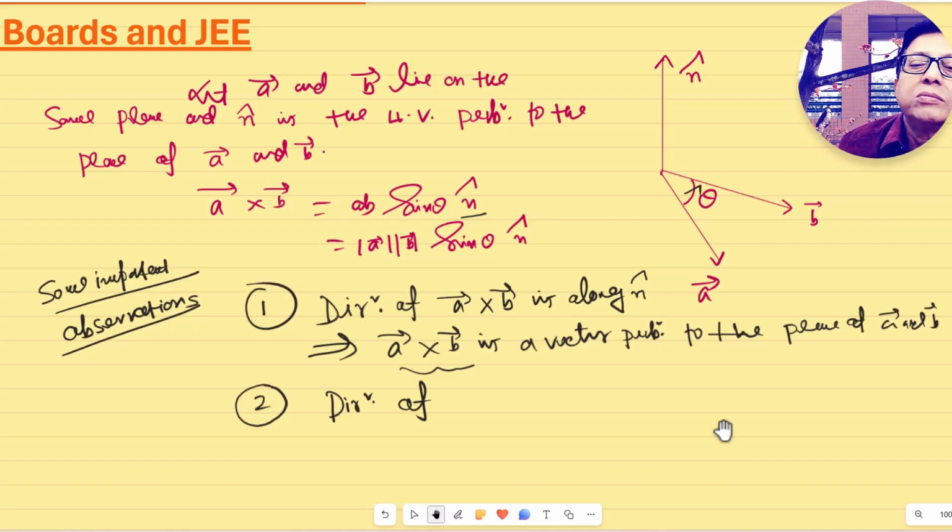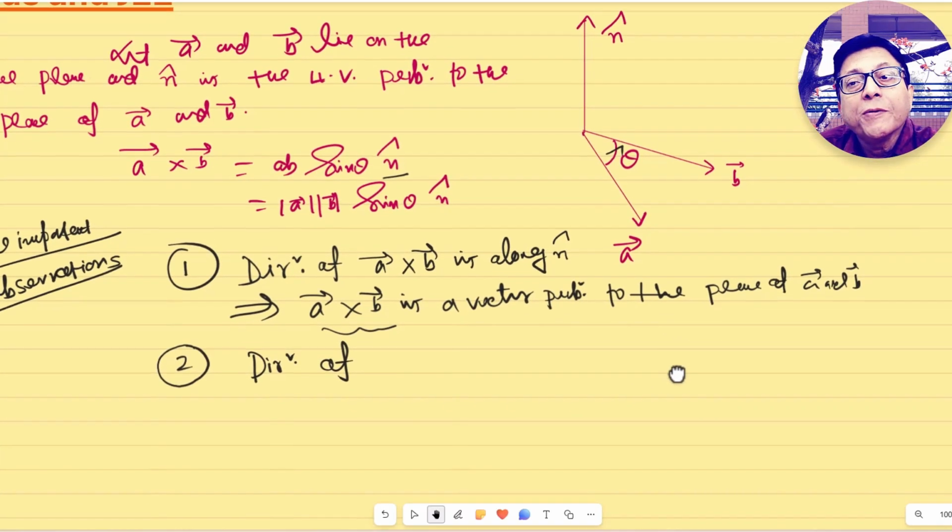Number two, direction of A cross B is understood, but sometimes you will be confused about how to find, in a difficult situation, the direction of A cross B or n cap.